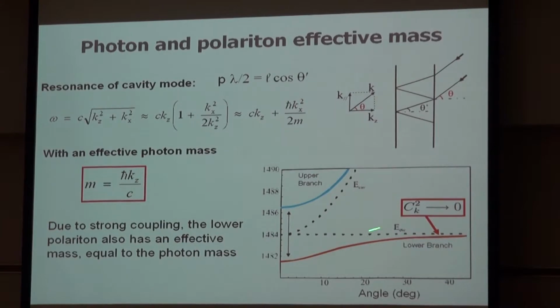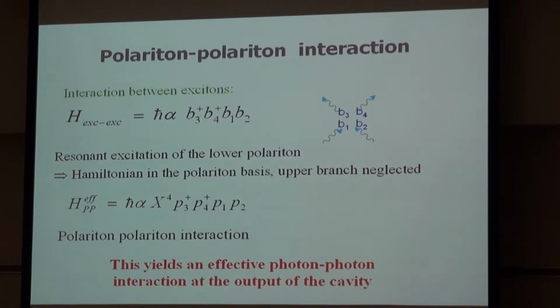It also has an effective mass which comes from the photon. It's not the mass of the exciton. The mass of the exciton will appear much further. And so here these polaritons have a mass, but it's the mass of the photon. And in addition, they interact, as I told you before.